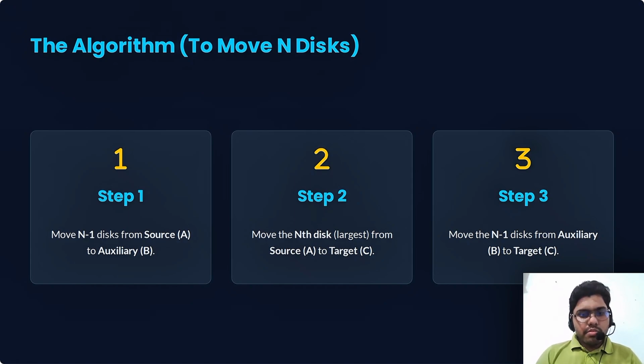Step 2. Move the one large nth disk from the source peg to the target peg. Step 3. Move the n-1 disks from the auxiliary peg to the target peg.